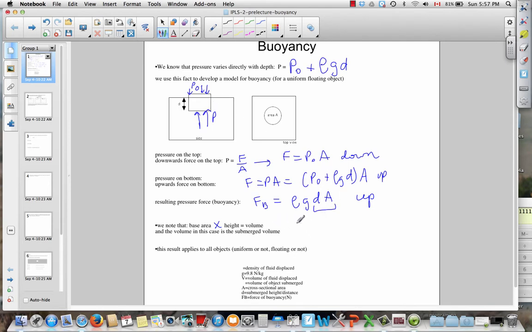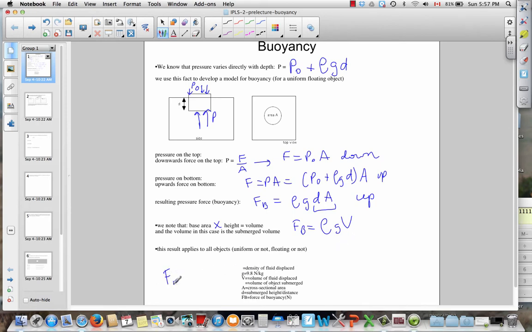So we can say that a buoyant force is rho G V, but we need to be careful that this volume is not the entire volume of the object, only the volume that's submerged. Another way to describe it is it's the volume of fluid that's been moved out of the way or displaced.